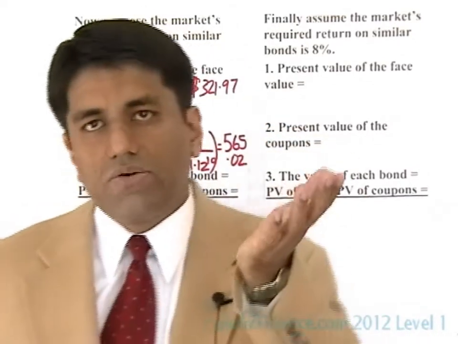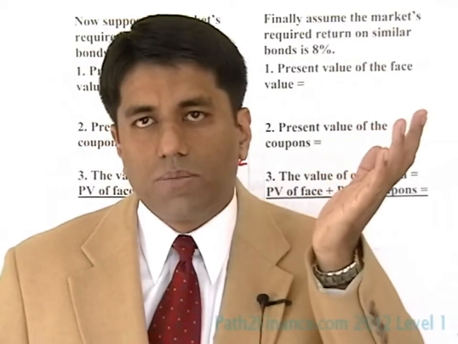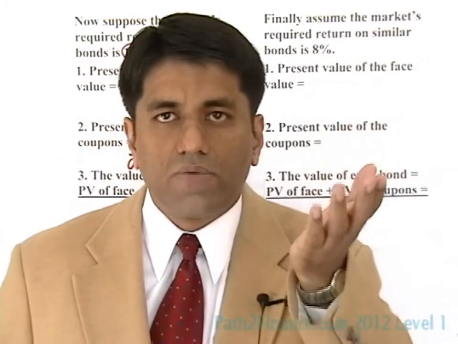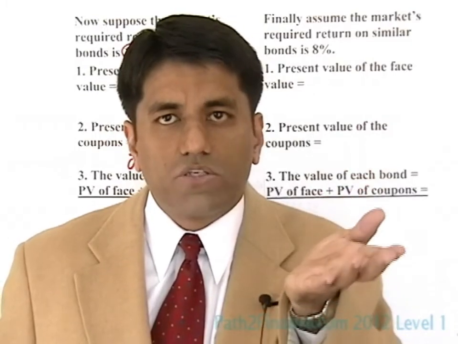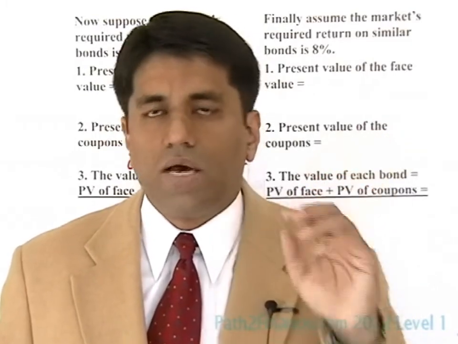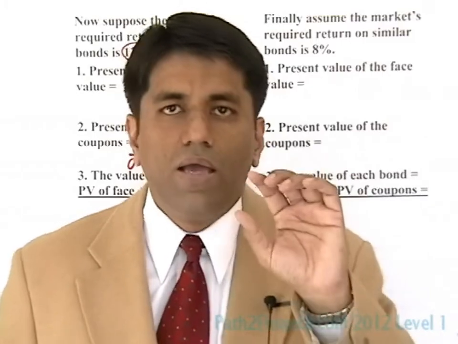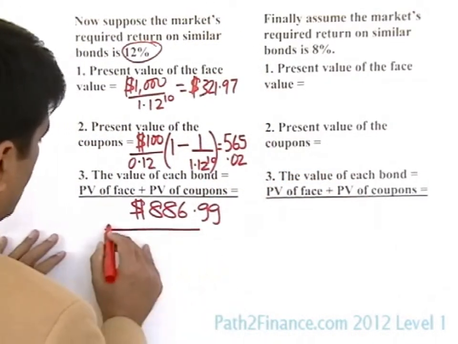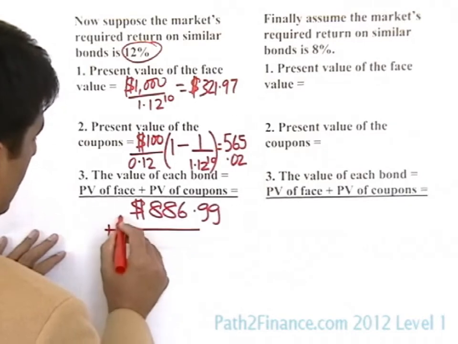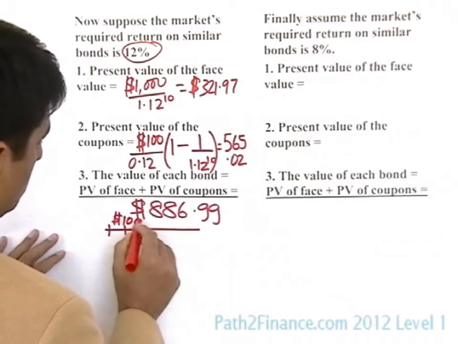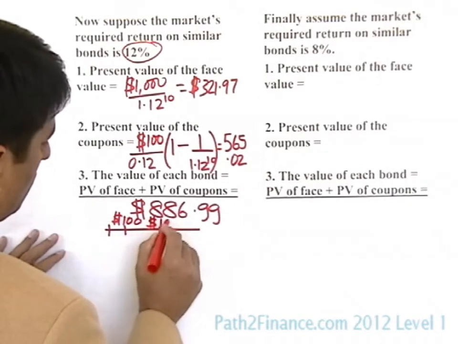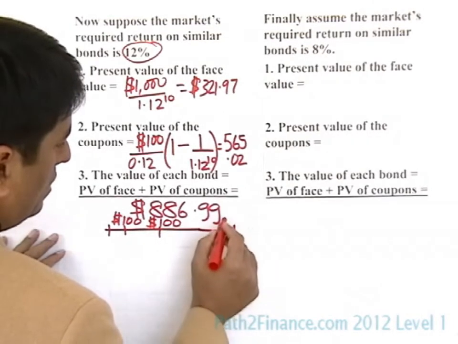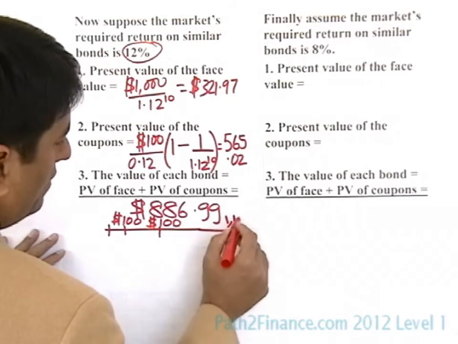Now when it has increased, what happens to the bond? If the market's required rate of return increases, does the firm also start paying more on the bond? The answer is no. The firm maintains the cash flows. The cash flows for this bond have been given as each year $100 and on the 10th year $1,100.